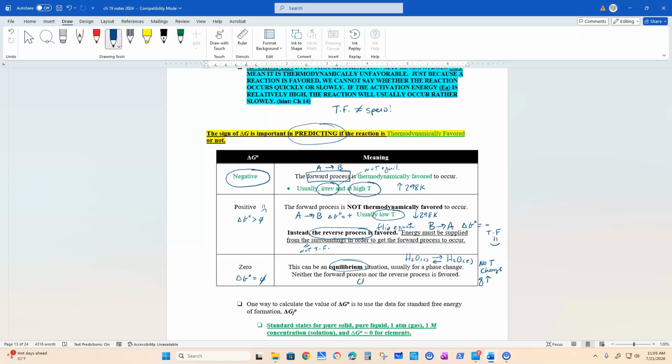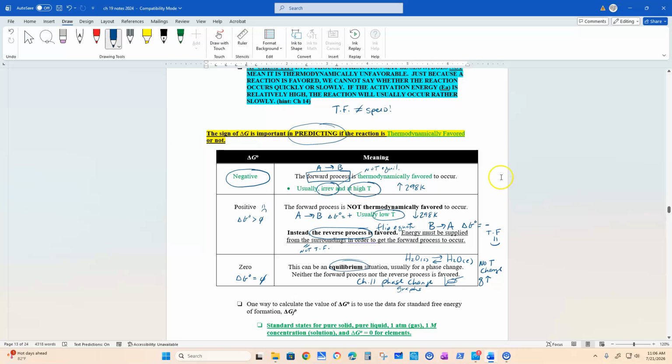So remember those chapter 11 phase change graphs. At equilibrium, temperature's not changing. Remember this graph that looked like this and you went doot, doot, doot, doot, okay? We're talking about that right there, okay? So neither the forward nor the reverse is favored because you're at equilibrium. So chapter 11 phase change graphs, okay?